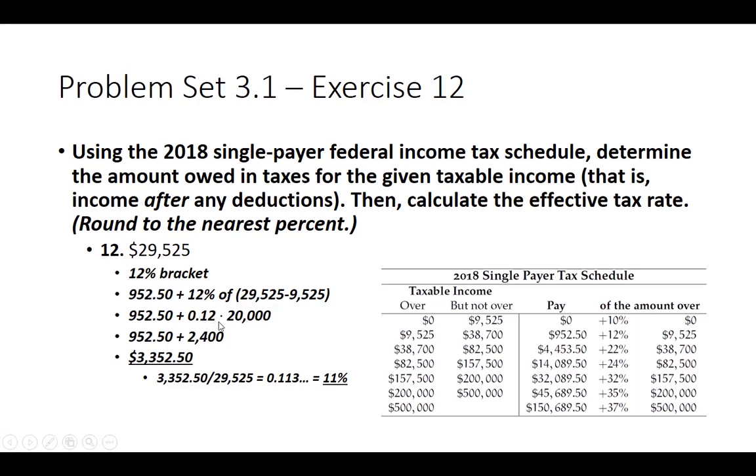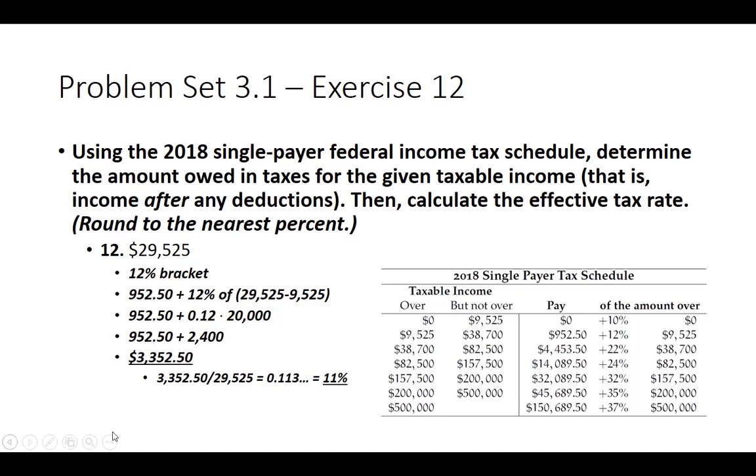To calculate 12% of 20,000, that's 0.12 times 20,000, or 2,400. Add to that the $952.50, and we get $3,352.50. So that's how much tax you would pay.